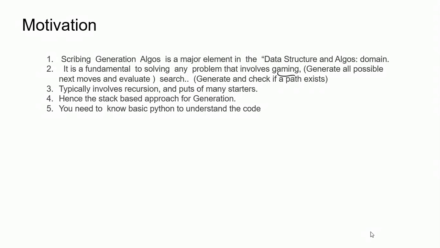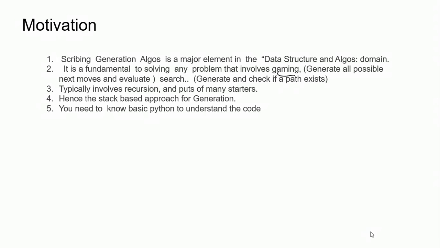For example, suppose you are gaming, then you would have to generate the next moves given the current move. Not only the next moves, but the moves of your move, the opponent's move, and then your move again. So, given a particular move, you need the ability to generate the future 3 or 4 moves. That is the generation algorithm I'm talking about.